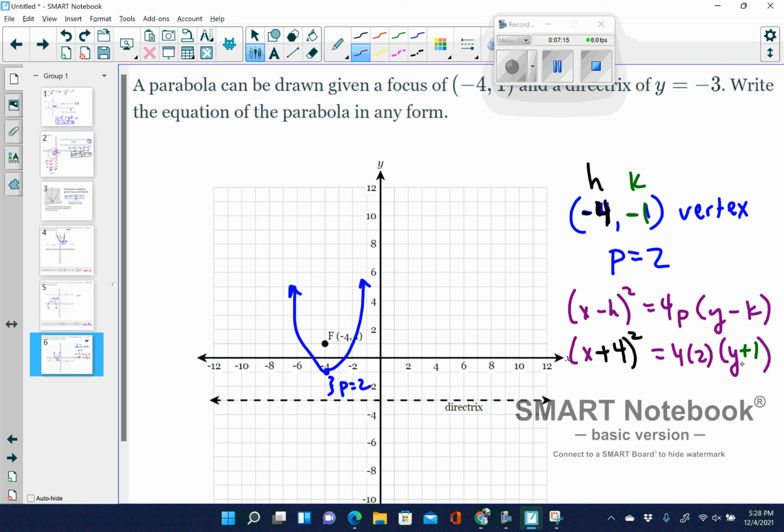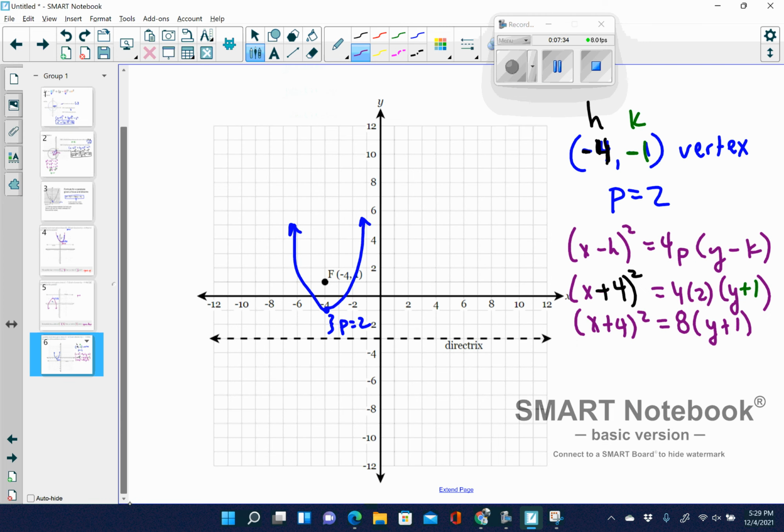So now I'm going to simplify this as much as I can. I'll leave the (x plus 4) squared alone. This can simplify to be 8, and then this can be (y plus 1). I can play around with this a little bit more and simplify things a little bit. So I can do the distributive property here to get the y by itself.